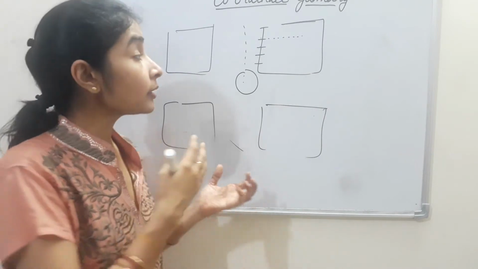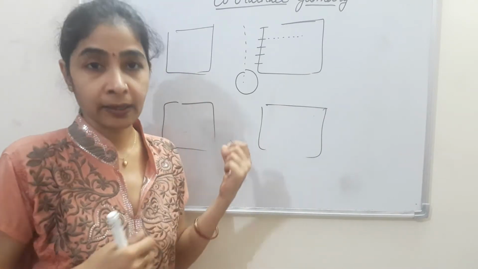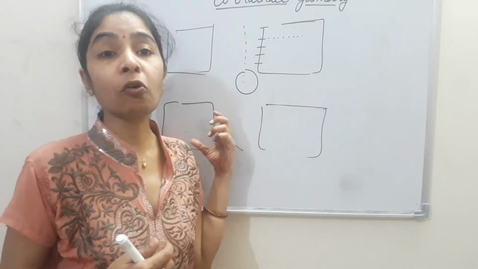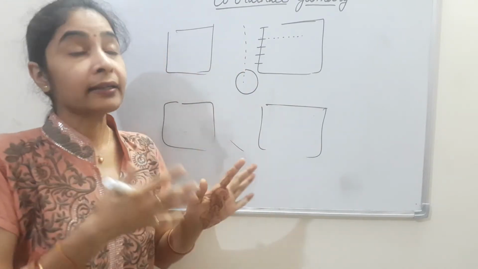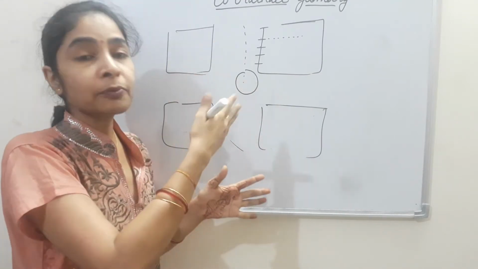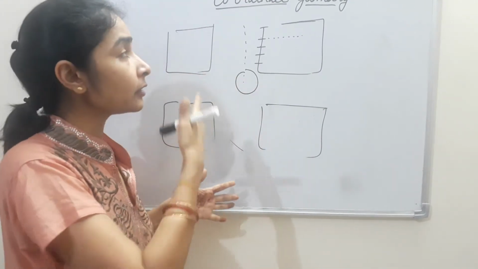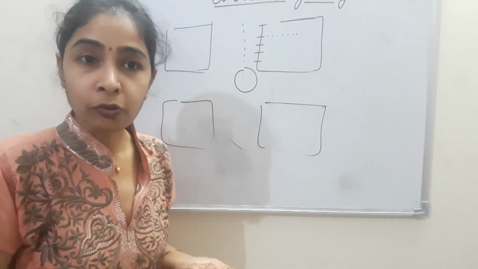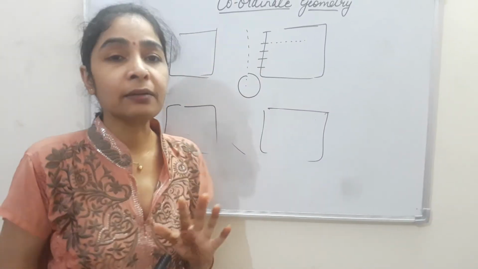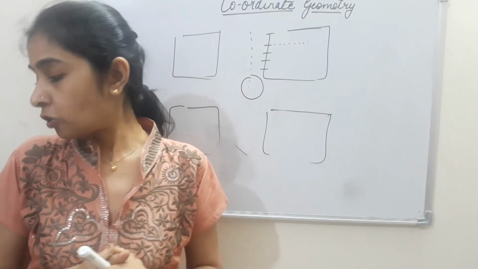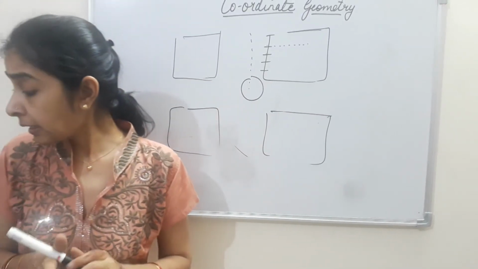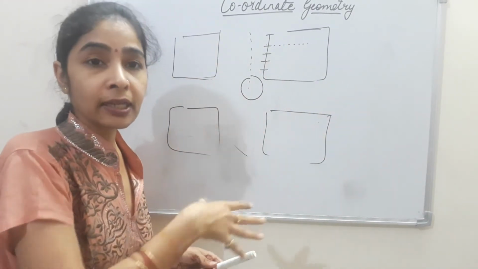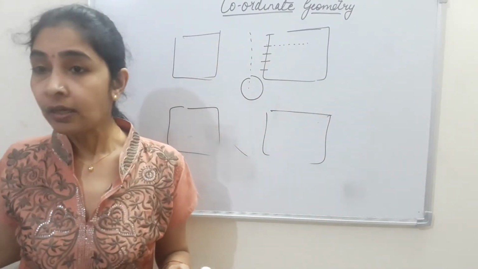That is how he related geometry with algebra. We even represent equations on this plane. It is the contribution of Descartes that he used algebra and geometry together, and that is why it is called coordinate geometry. This plane is also named after him, the Cartesian plane.